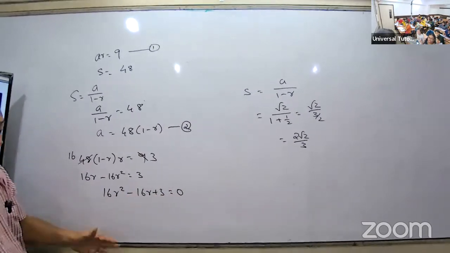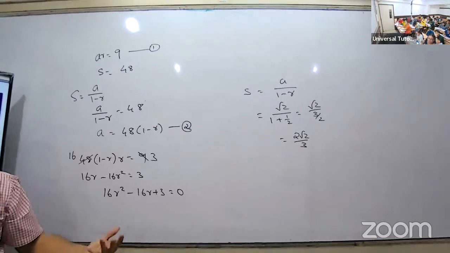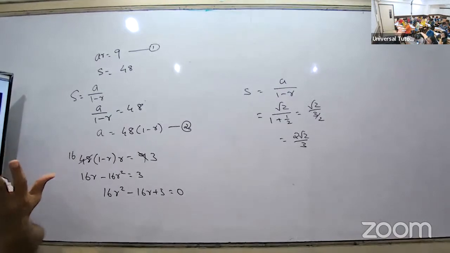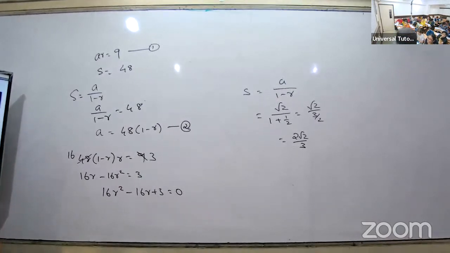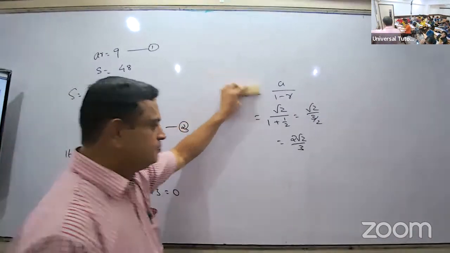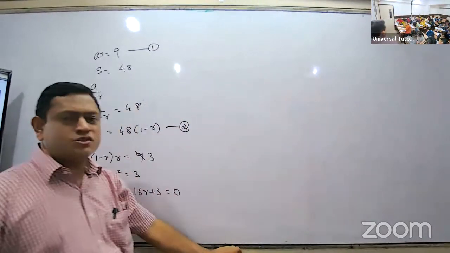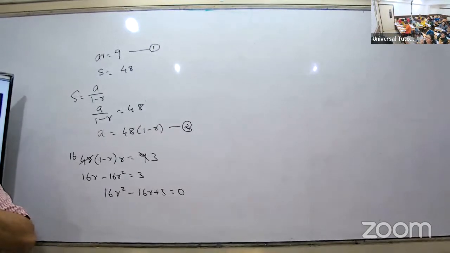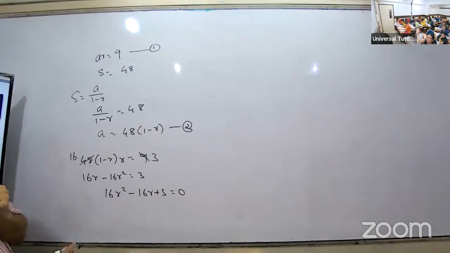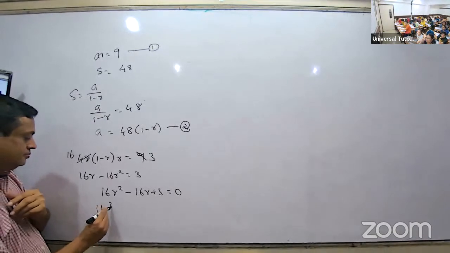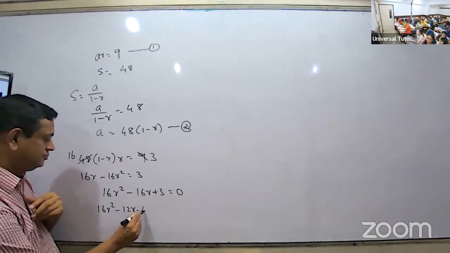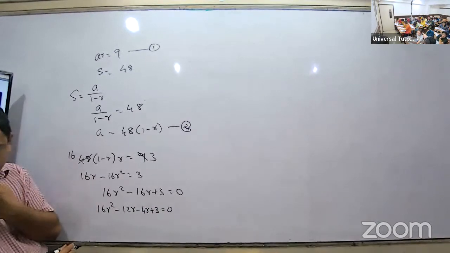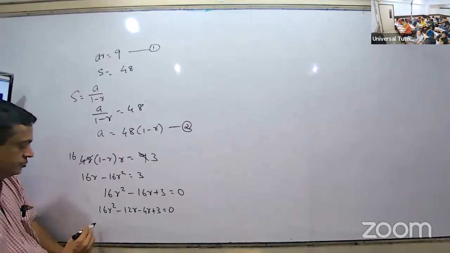Factorize. Quadratic equation was there in your term 1 exam. Factorize, split the middle term. Product is 48.